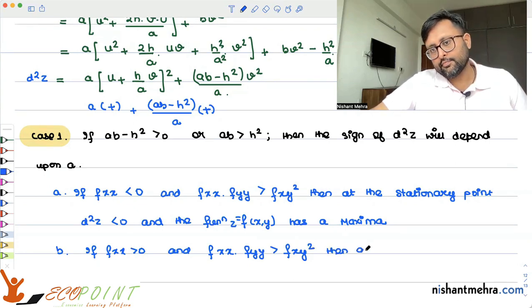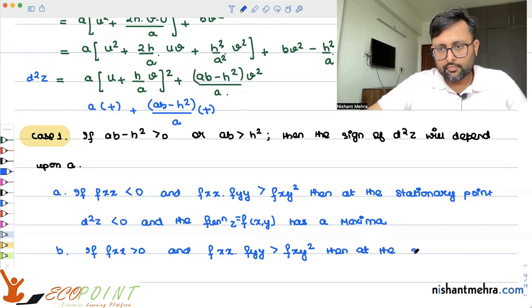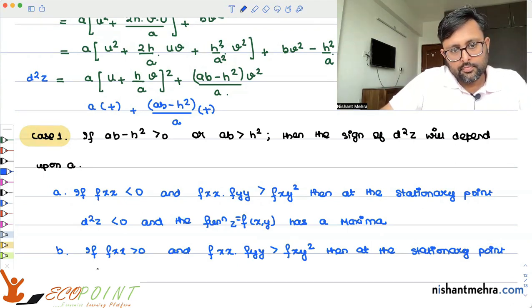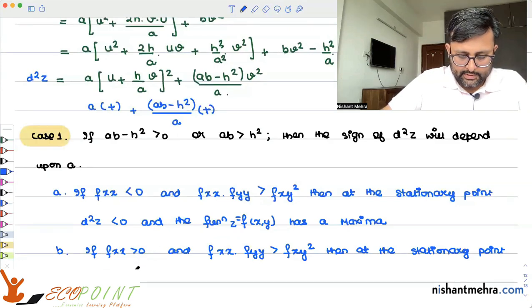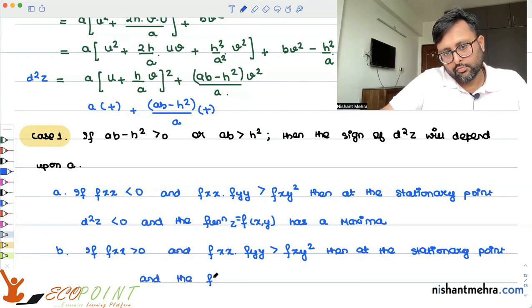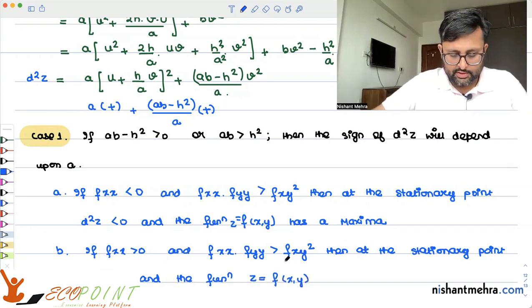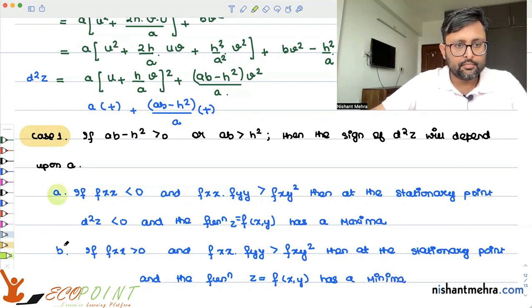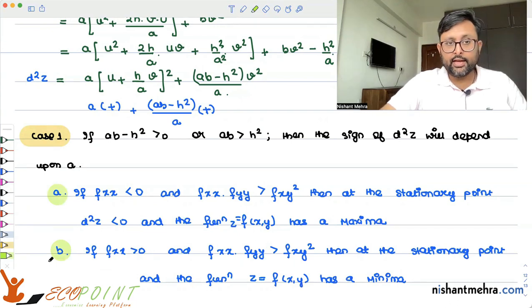Then at the stationary point, d to z is greater than 0, and the function z equals f of x y has a minimum.